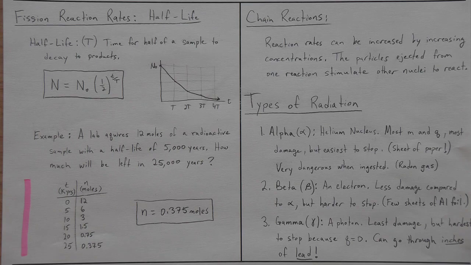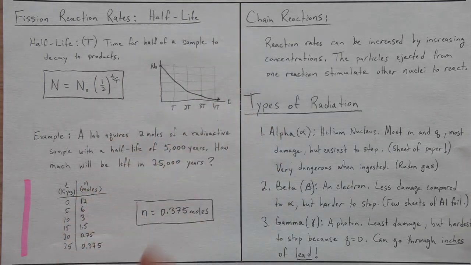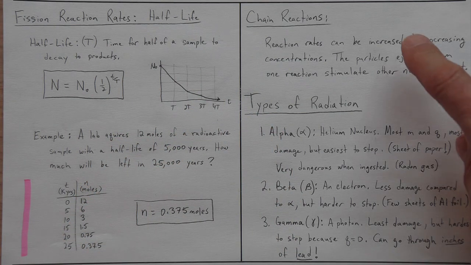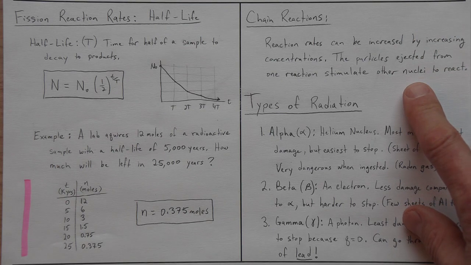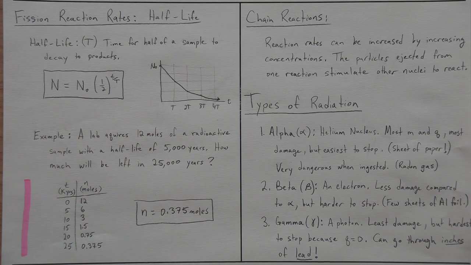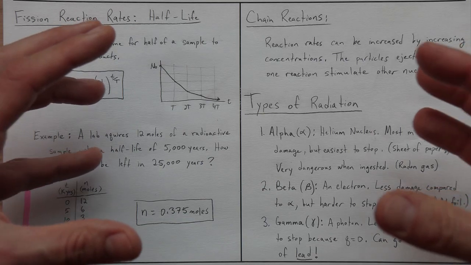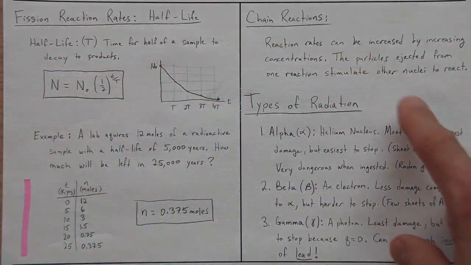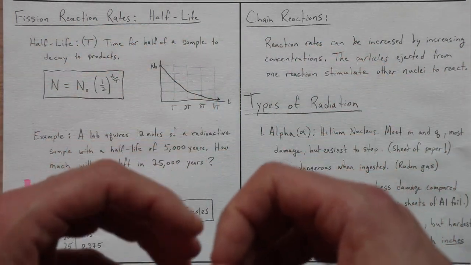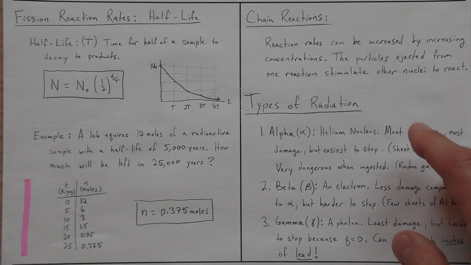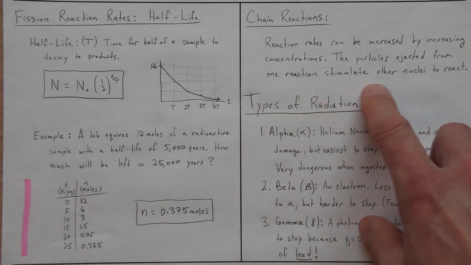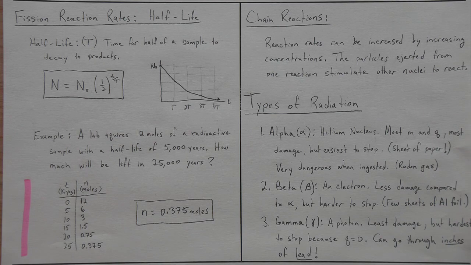However, reactions can be sped up. So you can create chain reactions. The reaction rate can be increased by increasing the concentration of the material. Why is that the case? You take a bunch of radioactive stuff and you concentrate it together, and then when one particle decays, it ejects radiation, and that radiation hits other nuclei and causes them to react.